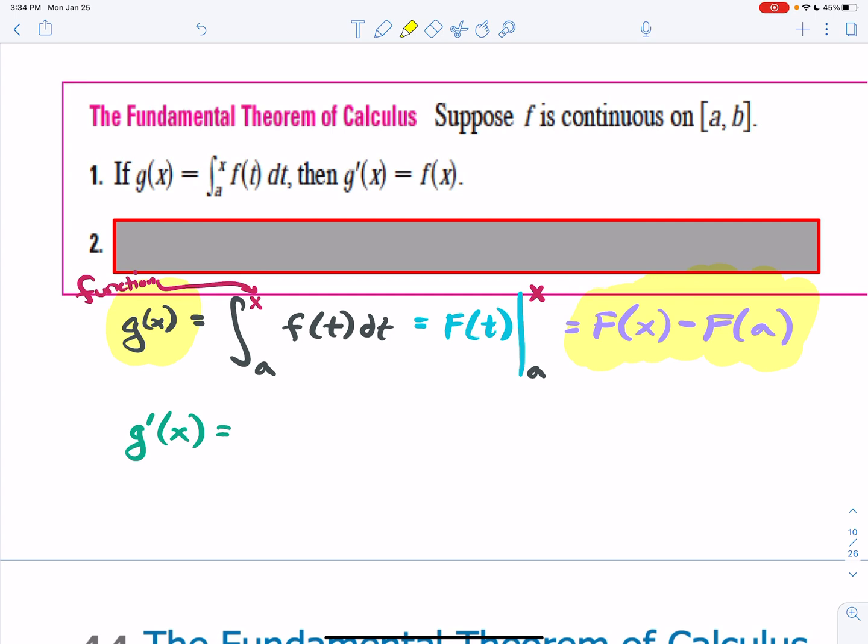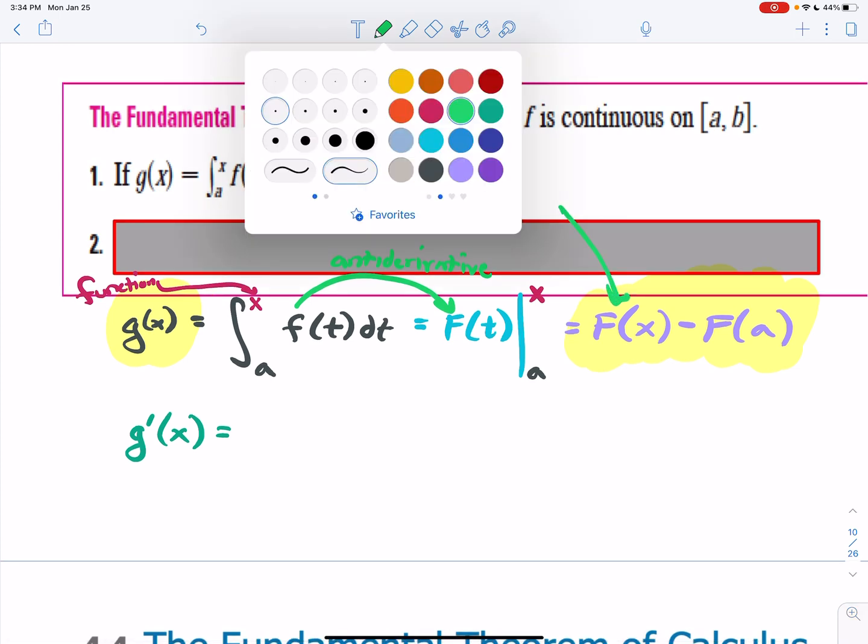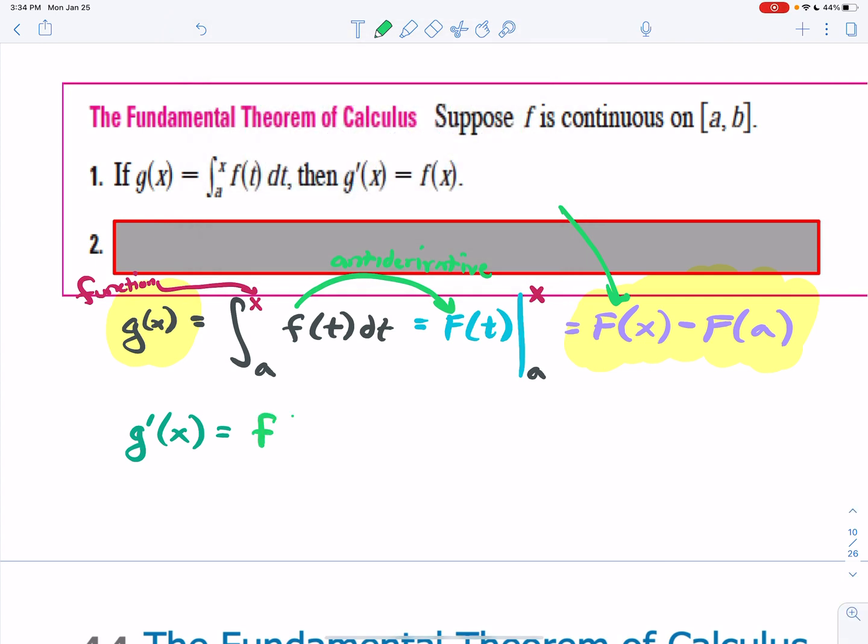I'll say that again. This right here is the antiderivative, which is why we use the capital F. So if I take the derivative of this again, I will just get little f of x. I go back to where I started, little f of x. Make sure you guys understand that before we move on.